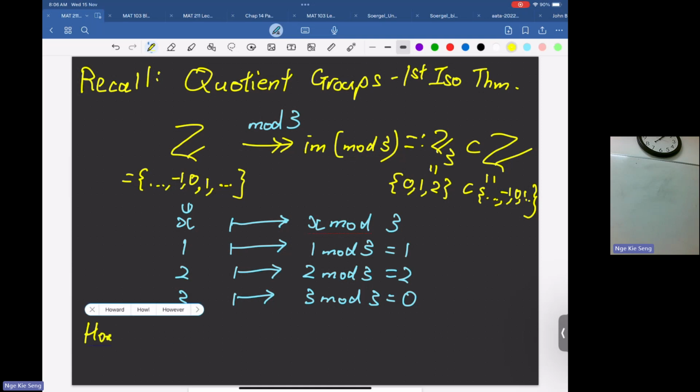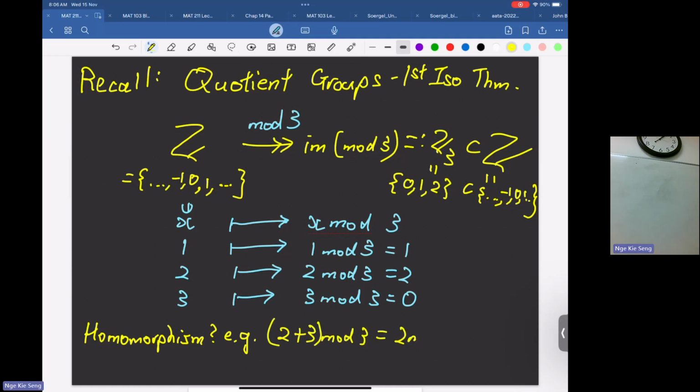That means, for example, is 2 plus 3 mod 3 equal to 2 mod 3 plus 3 mod 3? Is this true?